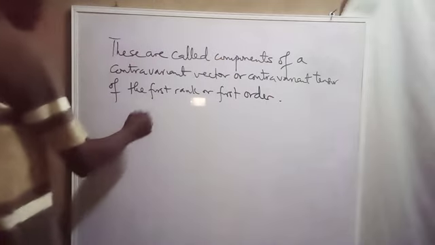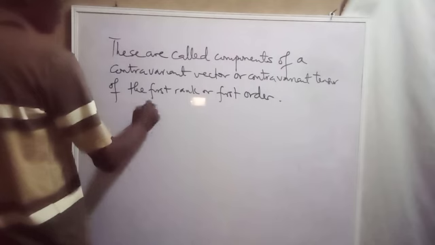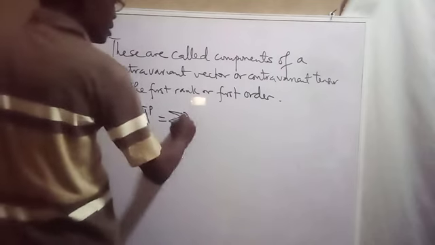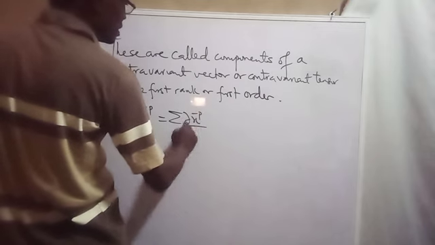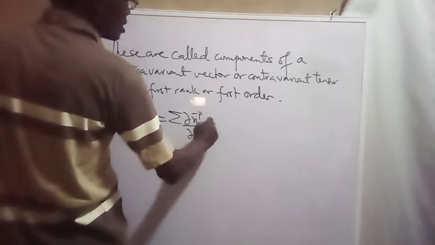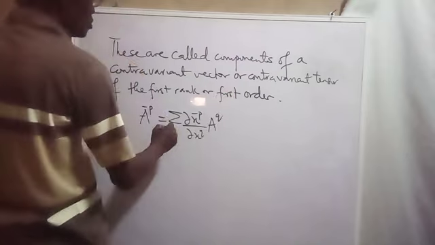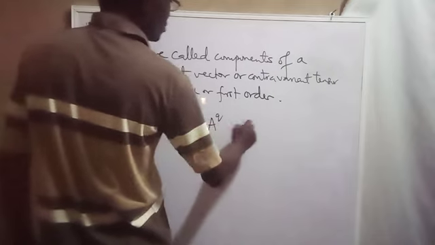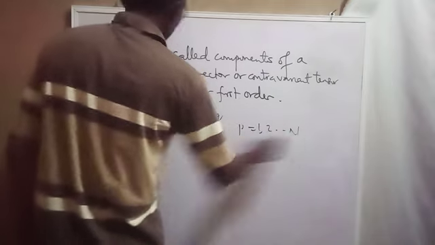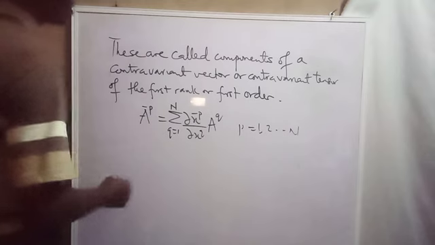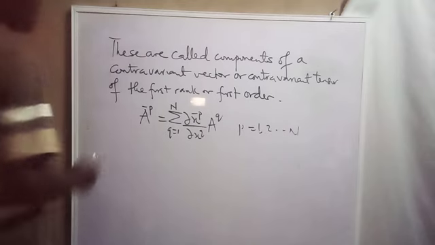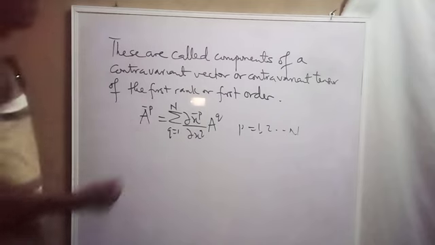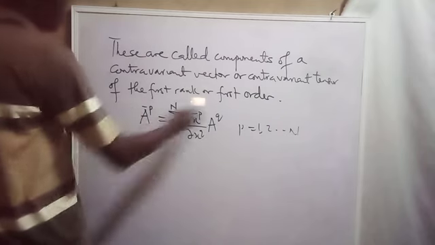From what we just did now, we said a bar p is equal to the summation of del x bar p all over del s^q, a superscript q, and I said q is moving from 1 to n, where p is also from 1 to n. That's what we just did now. Fine. Now, what do we mean by rank? How many indices do we have for this quantity?